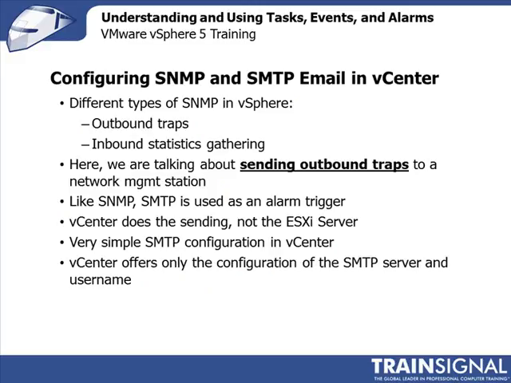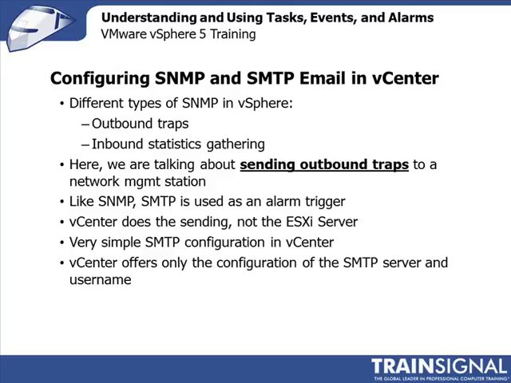Now, best practice always dictates that, especially if you have some kind of enterprise monitoring system, you tie your vSphere infrastructure with that monitoring system via SNMP traps. SNMP traps are a very good way for you to know what's happening within the environment.